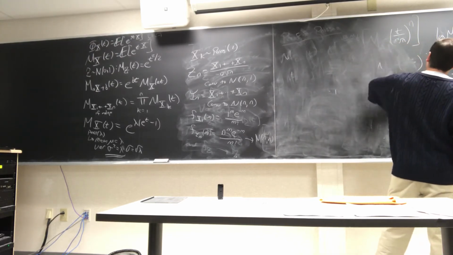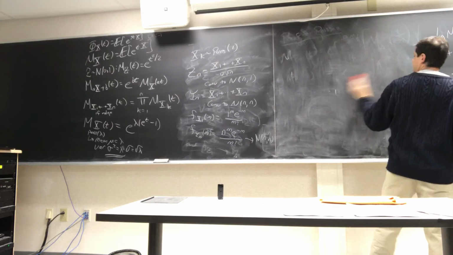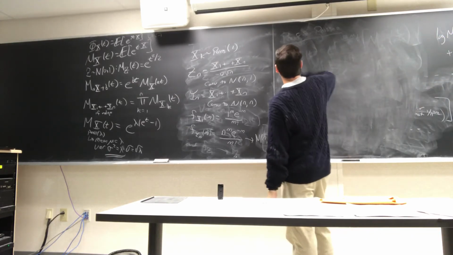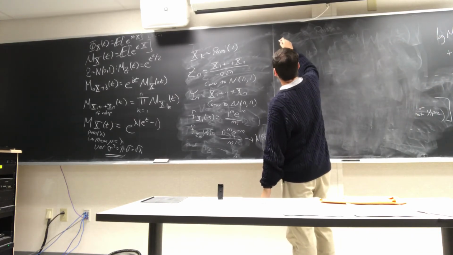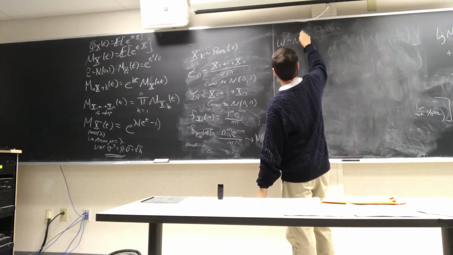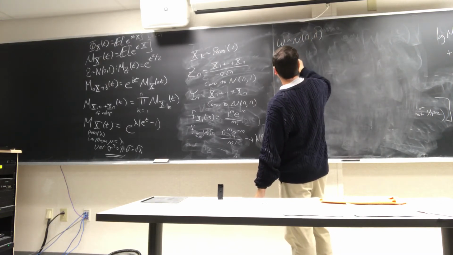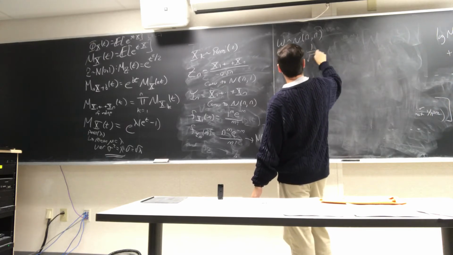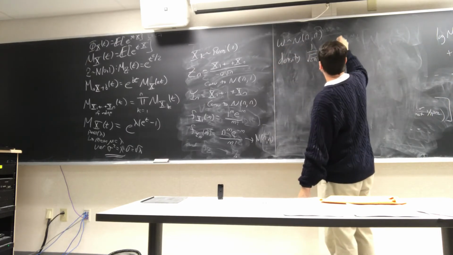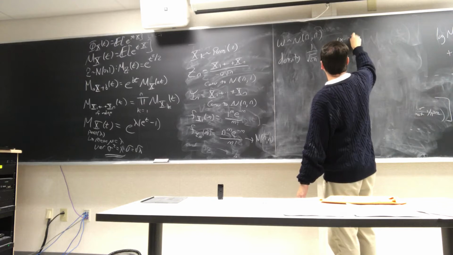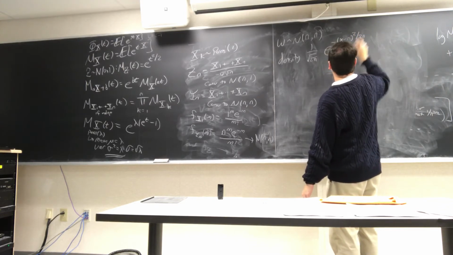What's the best place? So the density function for the normal, so let's say w is normal with mean n and variance n. So the density is 1 over square root of 2 pi e to the negative x minus n squared over 2n.